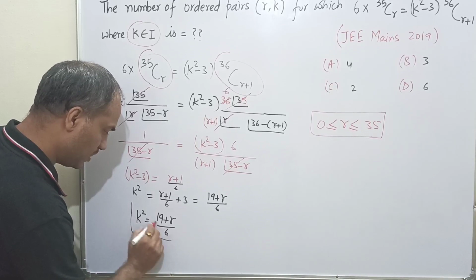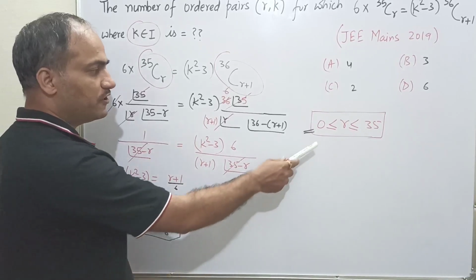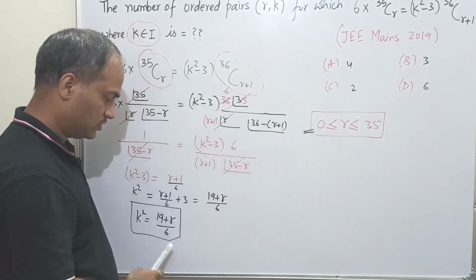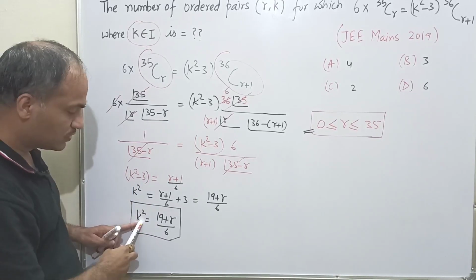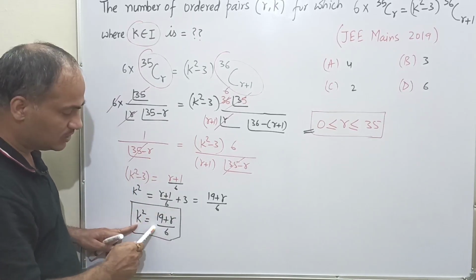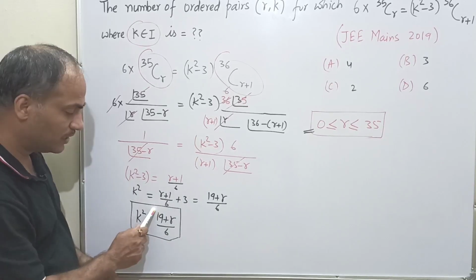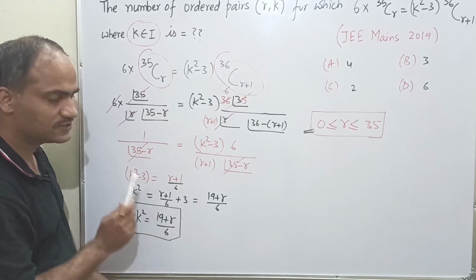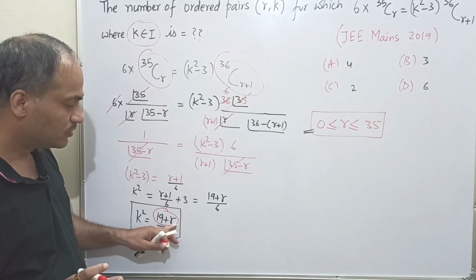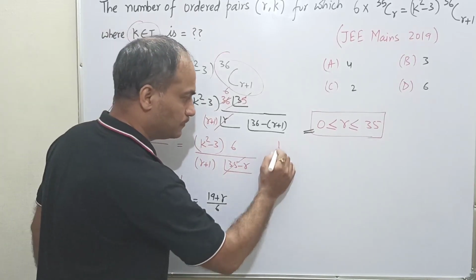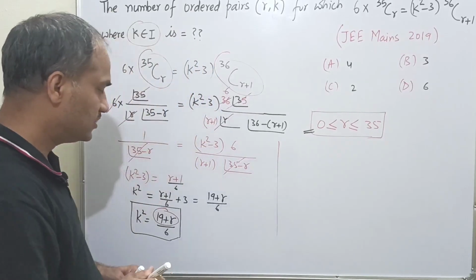This is very important information. Can you find any value of r in this range which will satisfy this? Here we observe that k can be an integer only when this quantity is a perfect square. The numerator has to be a multiple of 6, then only we will get any integral value of k. So let us find a value of r which gives us such a value.